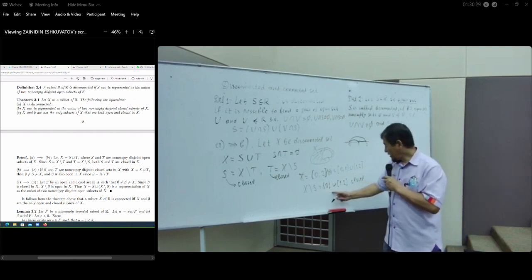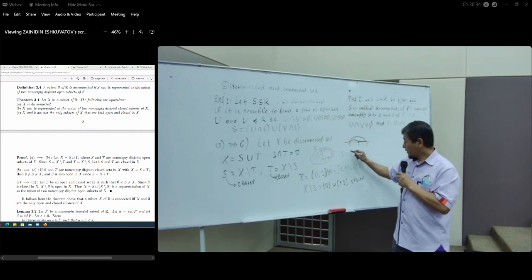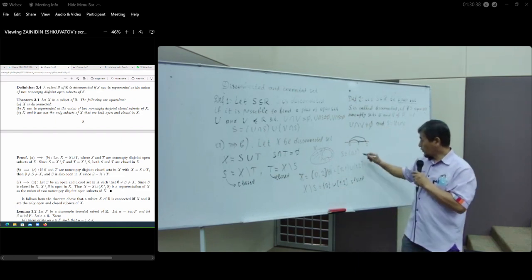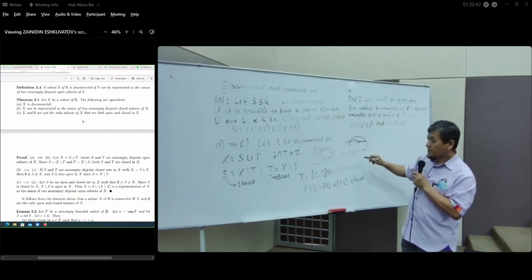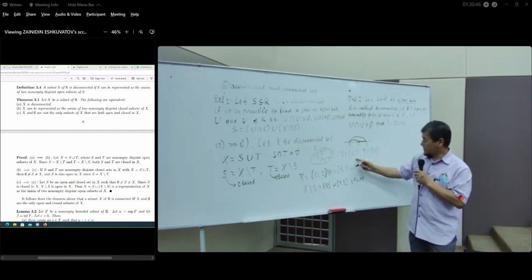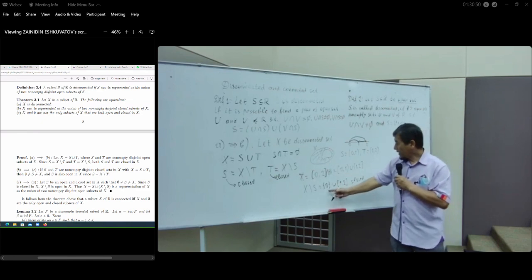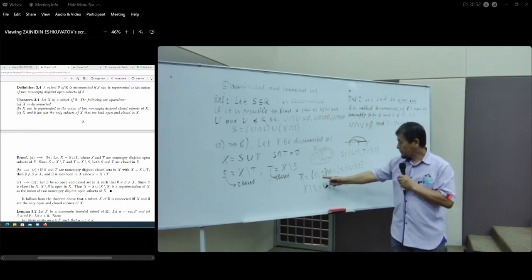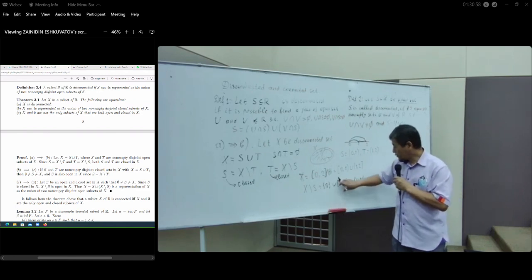Now if I subtract, S is [0,1) and T is (1,2], two open sets. So I am subtracting from X the set [0,1). 1 is not included.